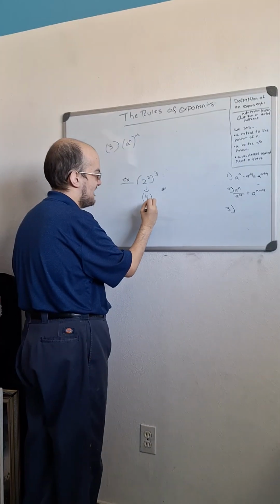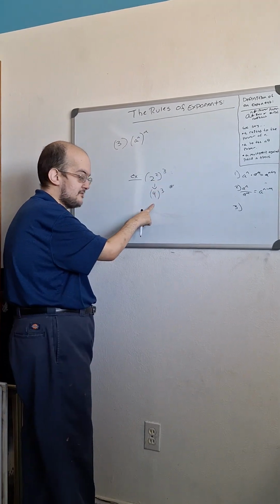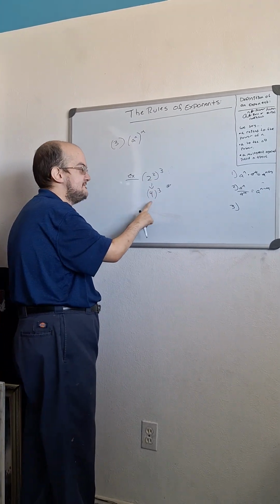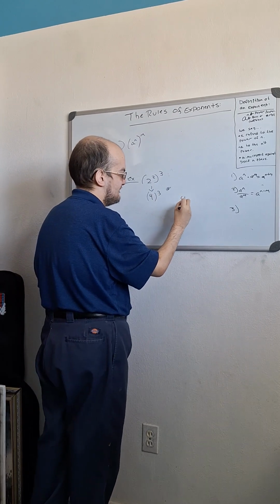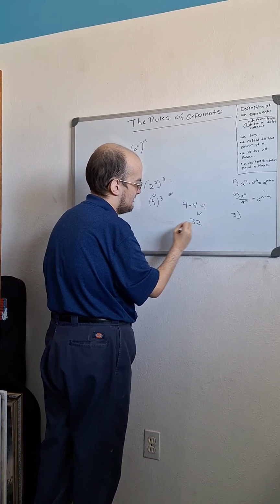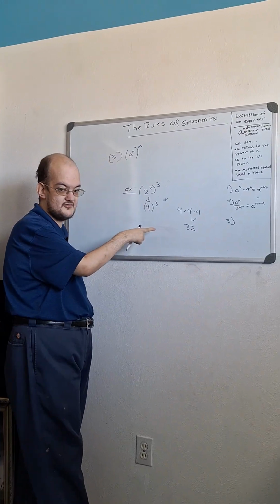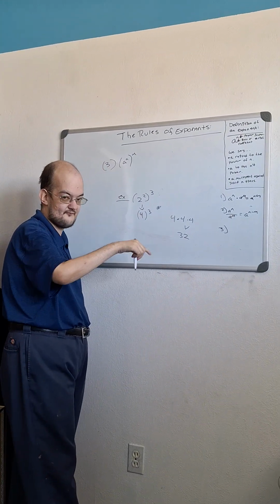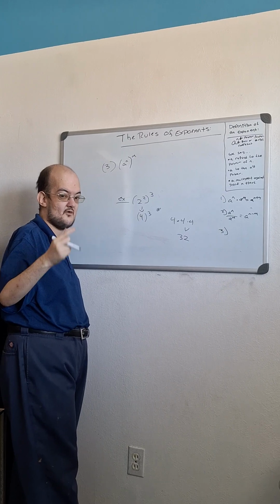We're going to take that and multiply it by itself 3 times: 4 cubed, which is 4 times 4 times 4. If you don't know how I got 64, just do 4 times 4 is 16. 16 times 4 is 64.